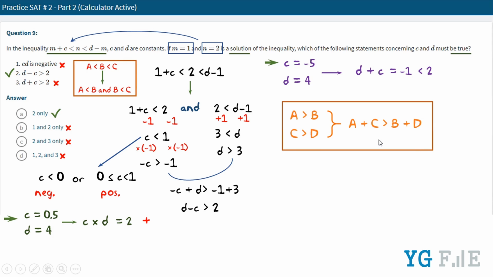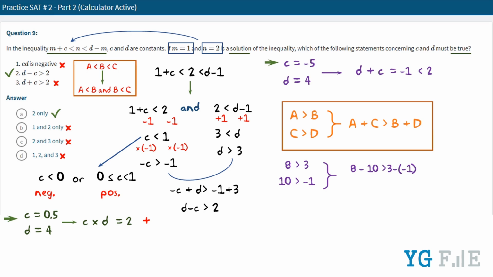From this problem, we learn that if we have two inequalities with the same inequality sign, we can add them to get one inequality. But you may ask, can we get the same results if we subtract them? Actually, no. We can take an example for that. We know that 8 is greater than 3 and 10 is greater than minus 1. If we subtract the second inequality from the first inequality, then we will have 8 minus 10 is greater than 3 minus minus 1.